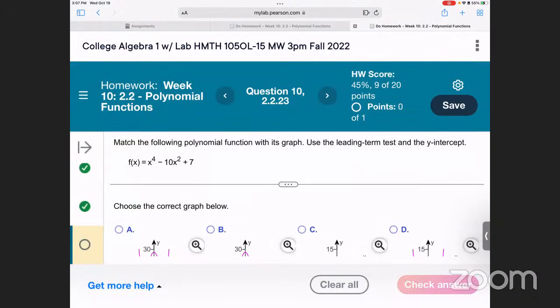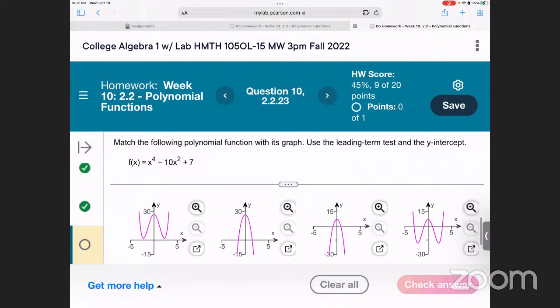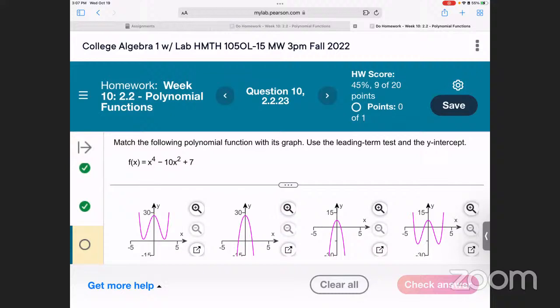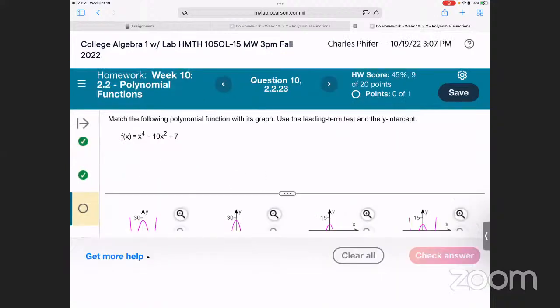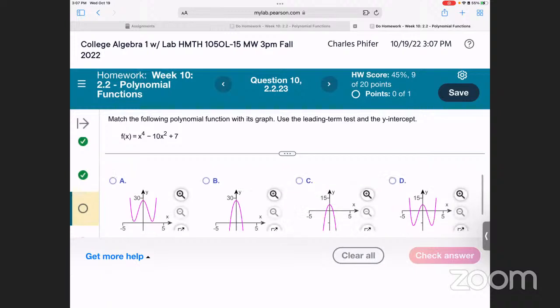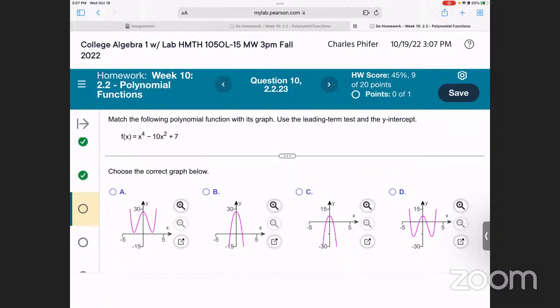Leading term test again, the leading coefficient, which is a 1, is positive. So that means our graph goes up to the right. So it can't be B and it can't be C. Let me zoom out some here. So it needs to rise to the right.